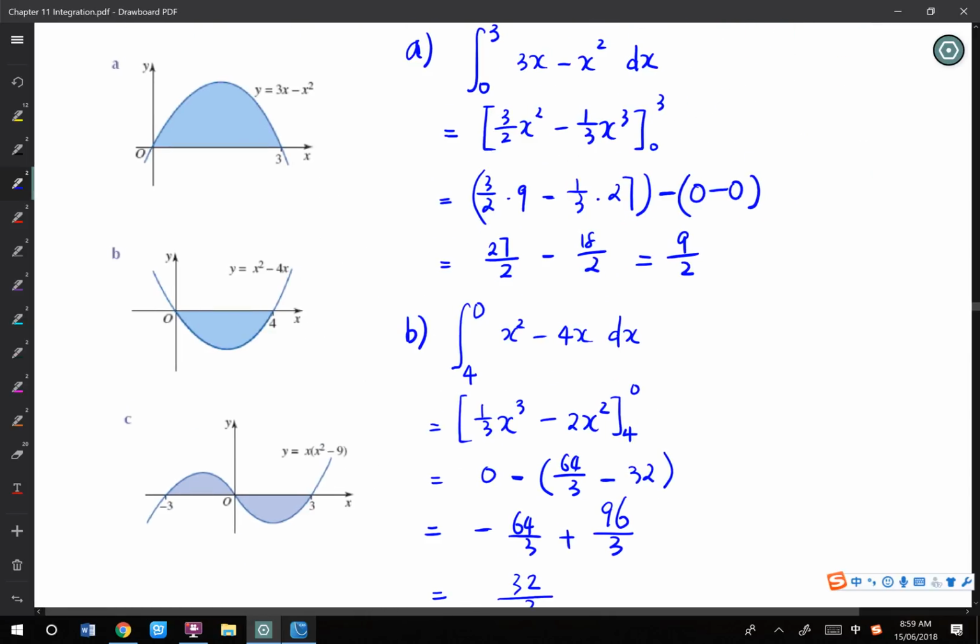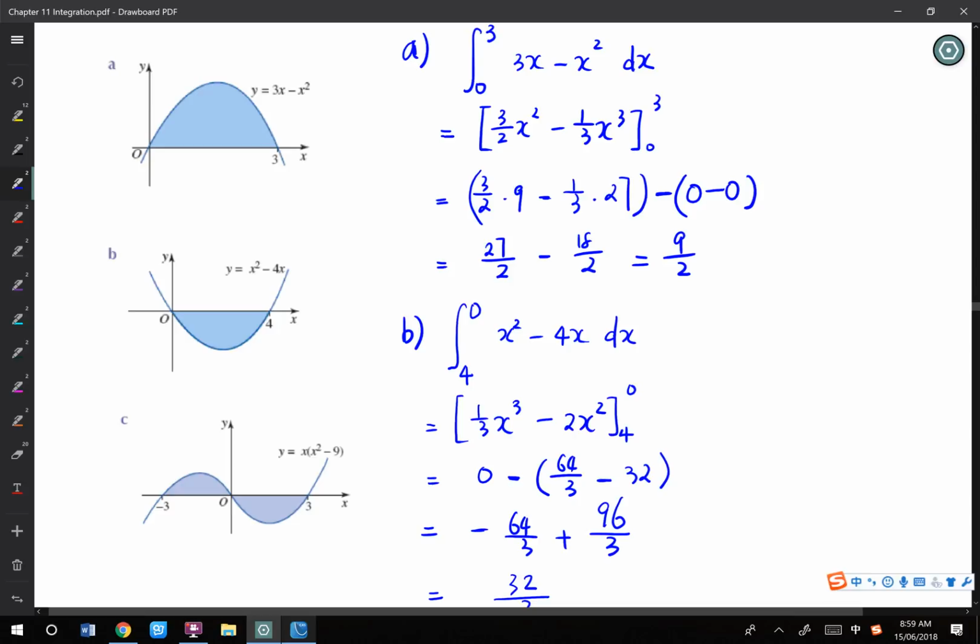Okay, those two are easy because it's only positive area or only negative area. It's easy to set up the equation.